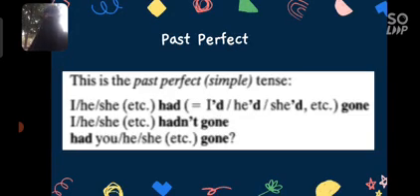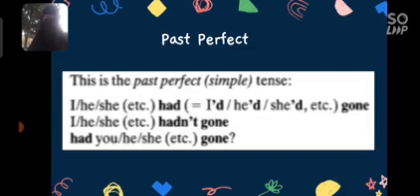Past perfect. This is the past perfect simple tense. You can see I, he, she, we use had plus gone.